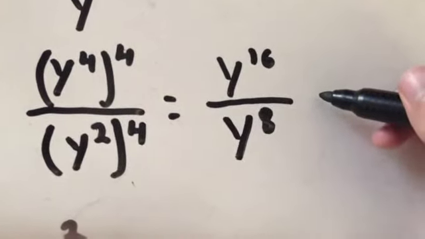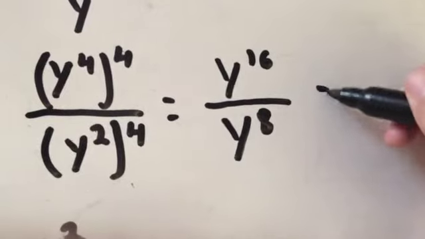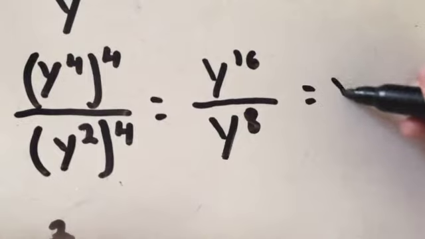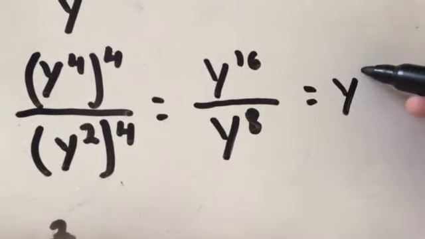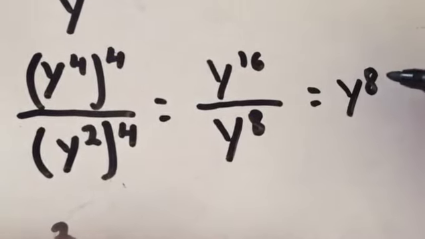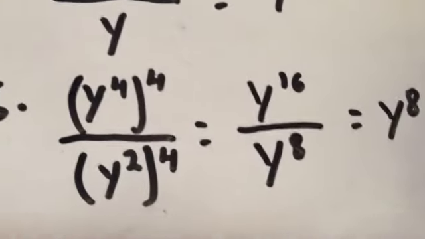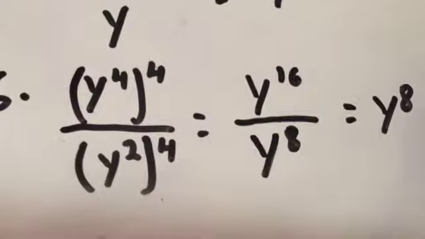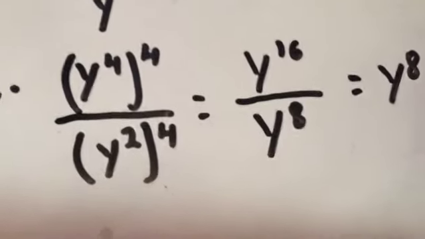Then using the division rule, you have to subtract the powers, which will give us y to the power of 8. The last two questions are put into practice using two rules in one question.